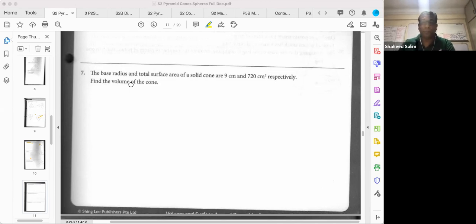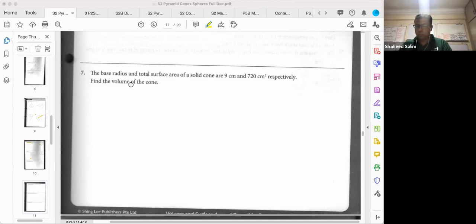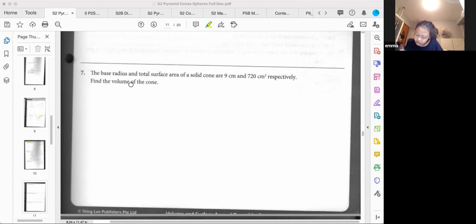Later we compare lah. Once you get the slanted height, you tell me.